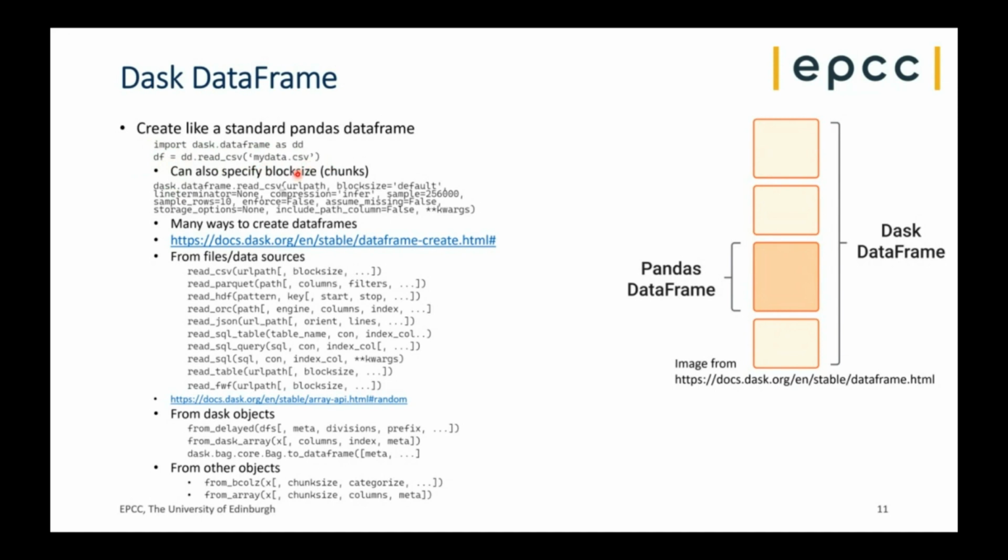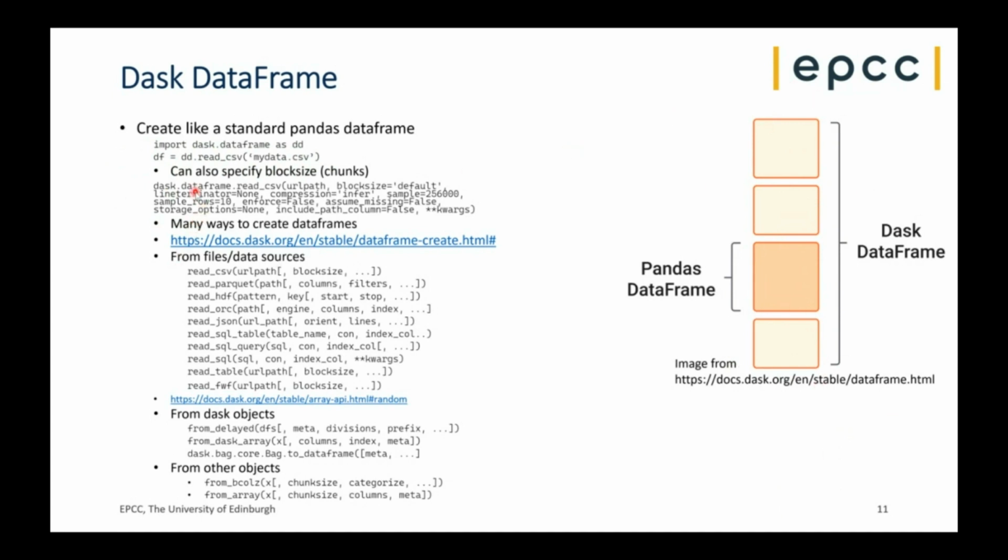And by default, what the data frame will generally do is give you one chunk per file. So Dask is great at reading in multiple files. If you read in multiple files, then you get a separate pandas data frame per file, and that's how it will split up across the workers.